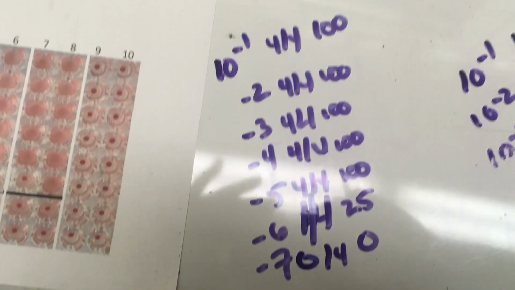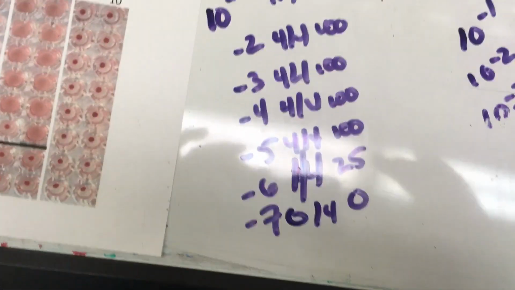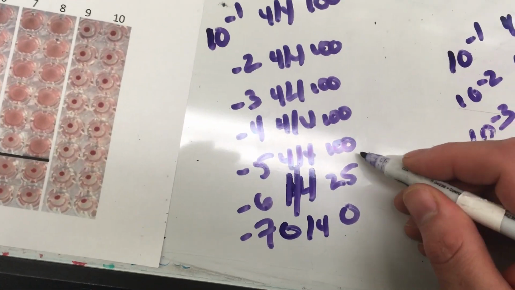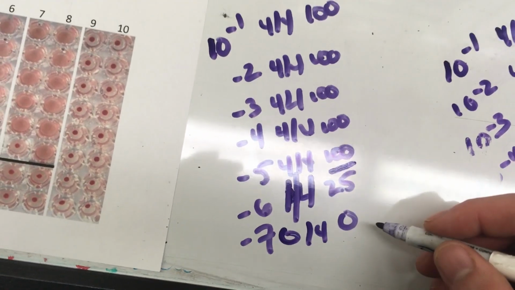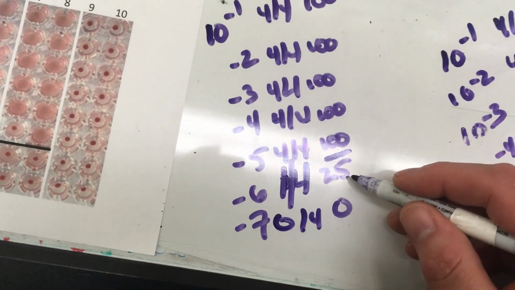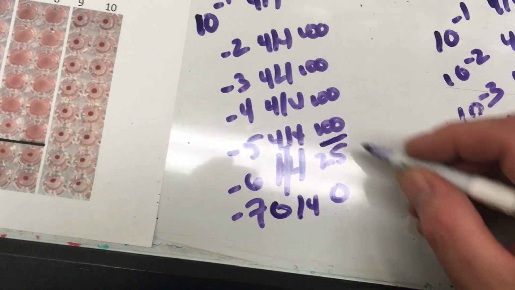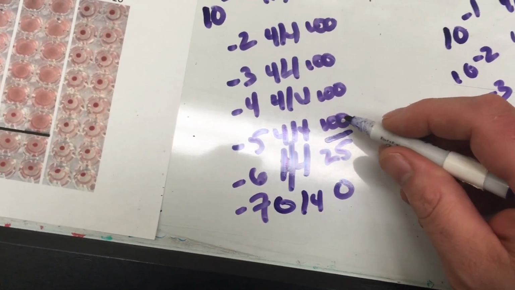Now remember, the next thing we need to do is determine that PD value. We need to find out where 50% falls. 50% falls between 100 and 25. So 100 is the next above 50.